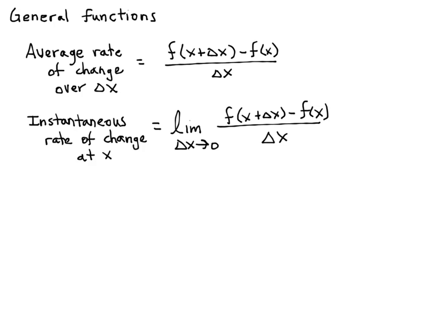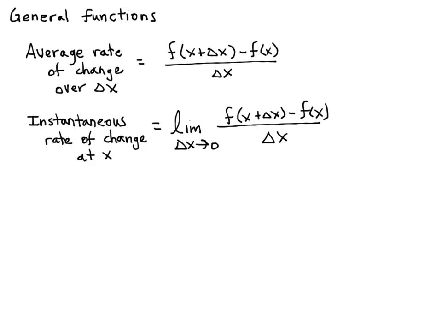And if I get really, really small, like if I say, what is my average rate of change over 1 second? In a car you would expect that that's pretty close to being your instantaneous rate of change. So as the amount of difference in that denominator goes to 0, I'm going to call this the instantaneous rate of change.